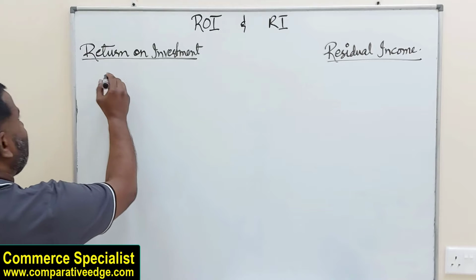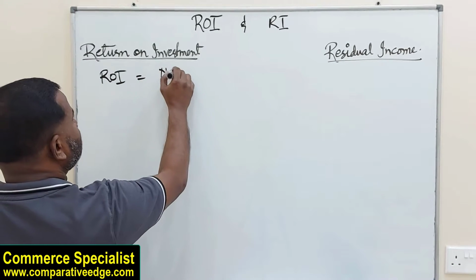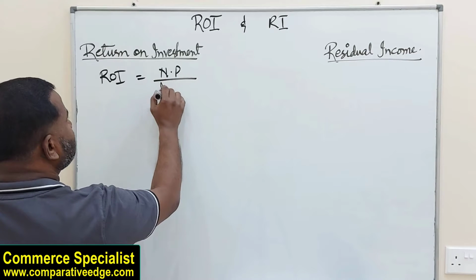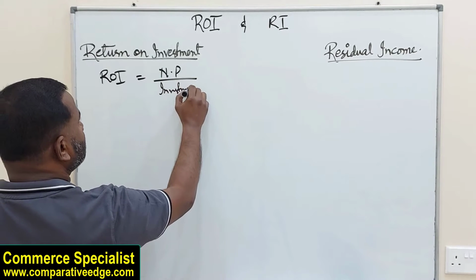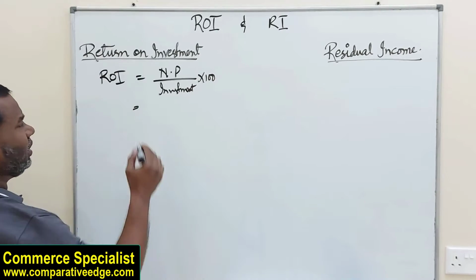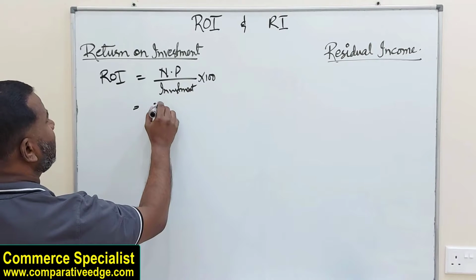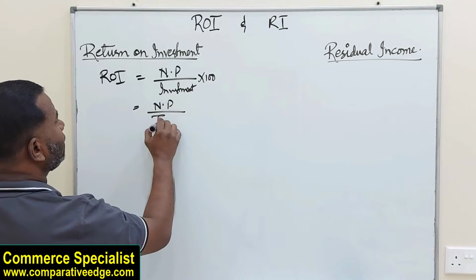So ROI is actually calculated as net profit divided by investment multiplied by 100. There are various versions of this in different books. Sometimes you will have net profit divided by total investment.